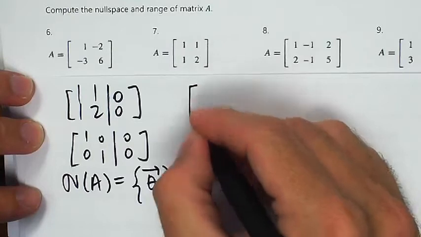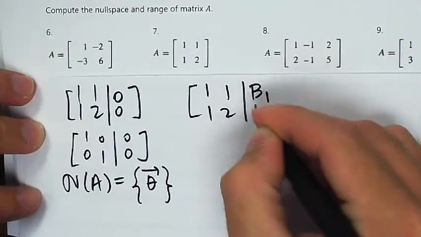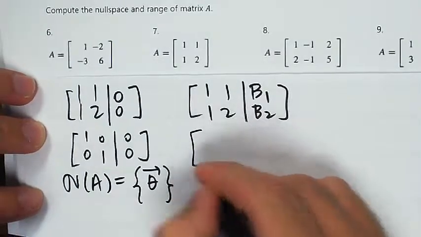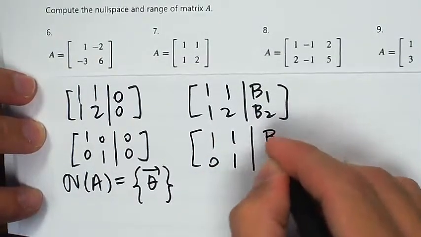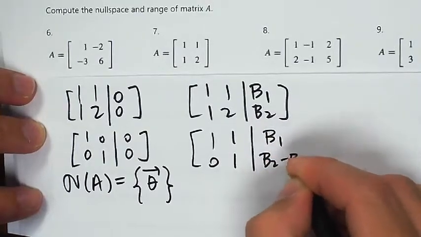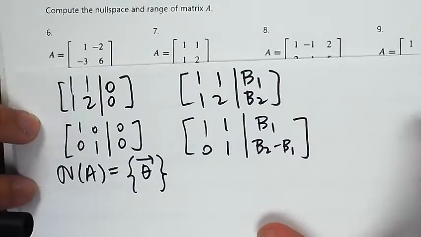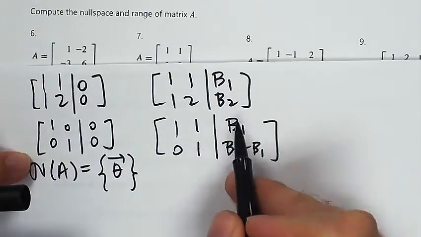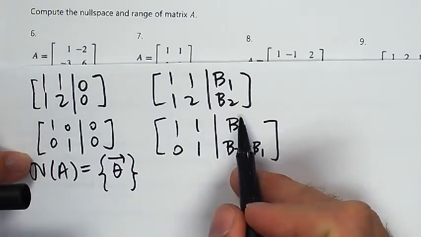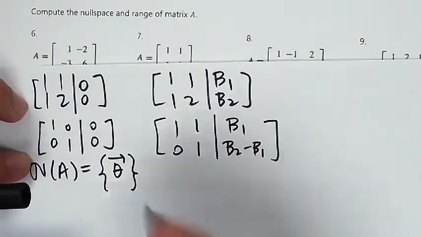And now I'm going to do 1, 1, 1, 2, B1, B2. All right, now subtracting up there, I'll have B1 minus B2 plus another B1 is 2B1 minus B2.